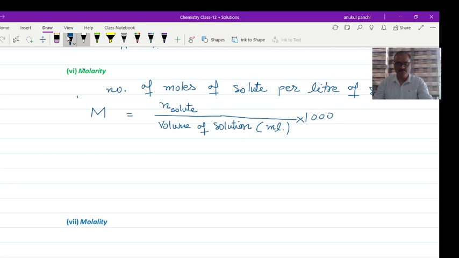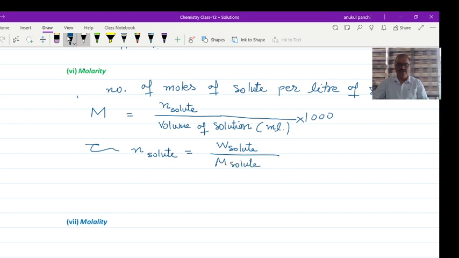Now you also know that the number of moles of solute will be equal to the given mass of solute upon the molecular mass of solute.